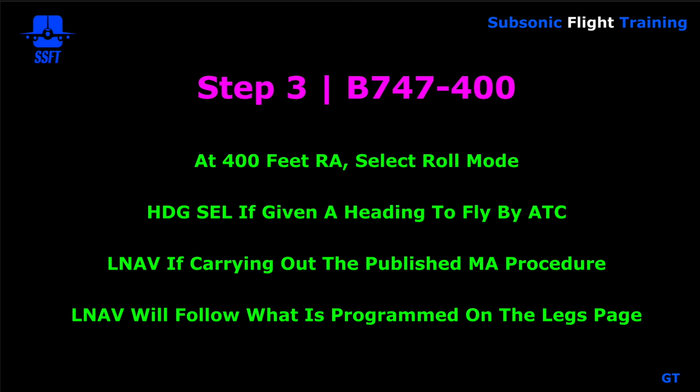LNAV will engage above 400 feet, won't engage below it, and LNAV will follow what is programmed on the legs page. So you have to wait till 400 feet to select a roll mode, because heading select or LNAV will not engage below 400 feet. So we wait till we see 400 on the radio altitude, and then above that we can select a roll mode of heading select or LNAV, depending on what ATC wants you to do.